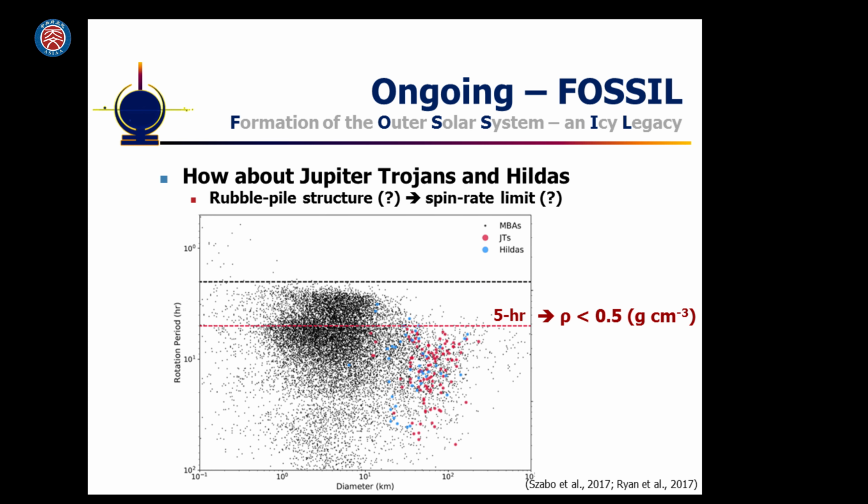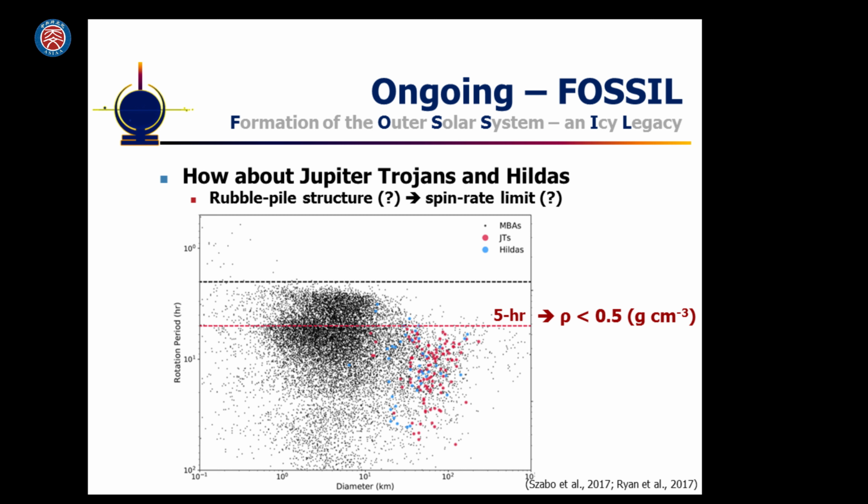The other thing is that we start to wonder if Jupiter Trojans or Hildas also share a rubble-pile structure. If they have a rubble-pile structure, they also have their own spin rate limit. For the current understanding, the bulk density of Jupiter Trojans is 0.5 grams per cc, which corresponds to a 5-hour spin rate limit. So here is the diameter period diagram again, the dots are Mandel, the red is Jupiter Trojan, and the blue is Hilda.